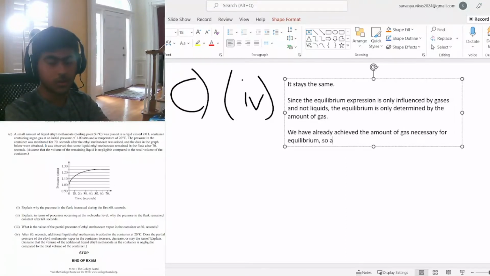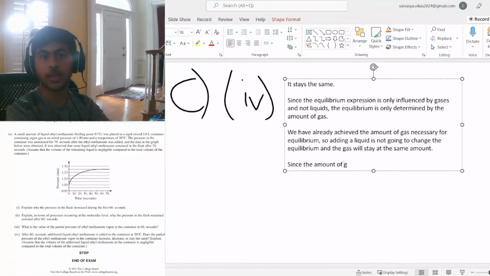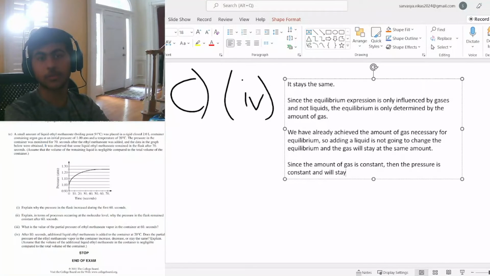So adding a liquid is not going to change the equilibrium, and the gas will stay at the same amount. So since the amount of gas is constant, then the pressure is constant and will stay the same as before. It stays the same. And that is our answer to part 4.